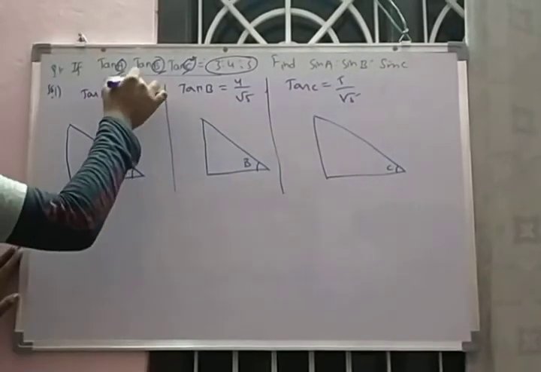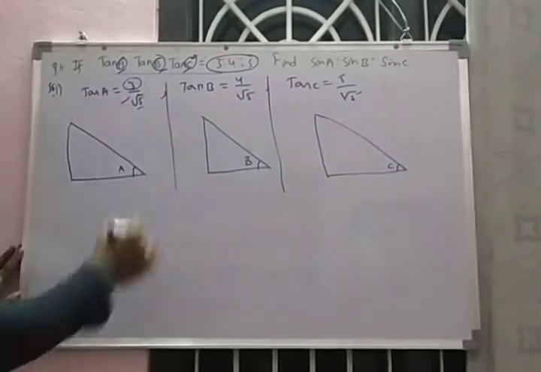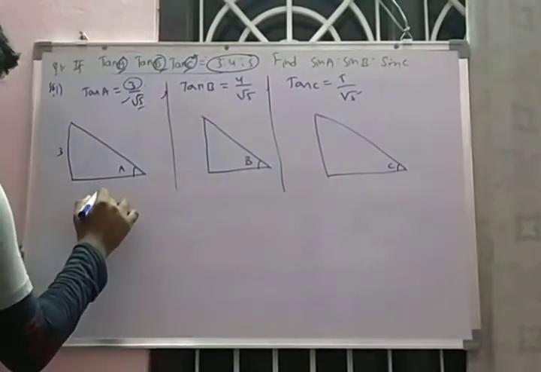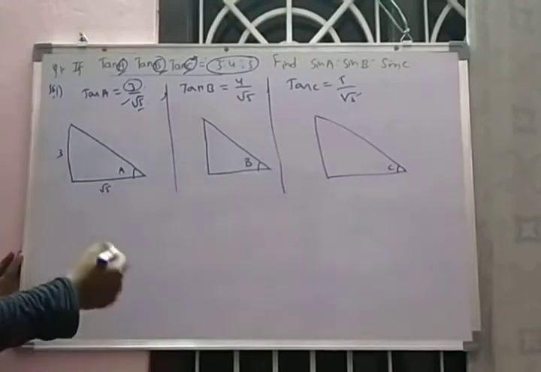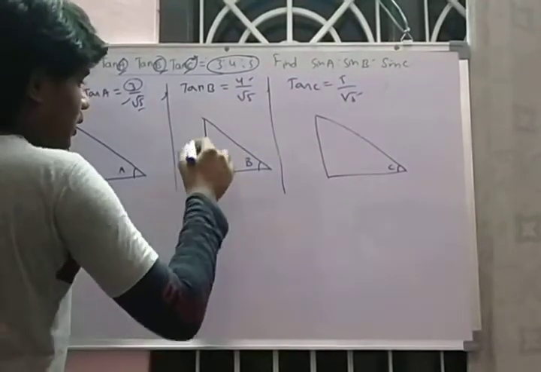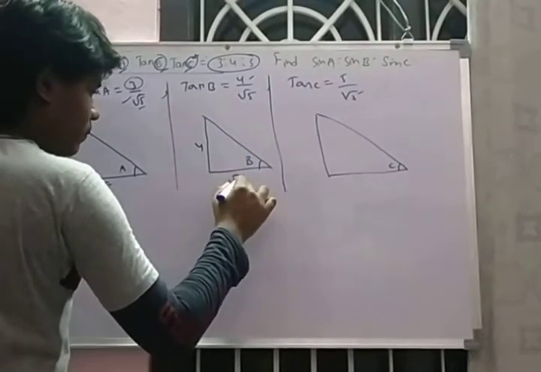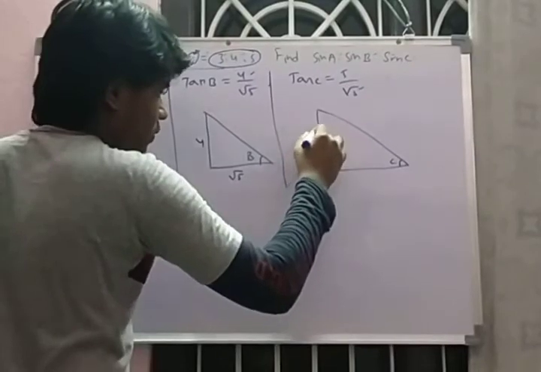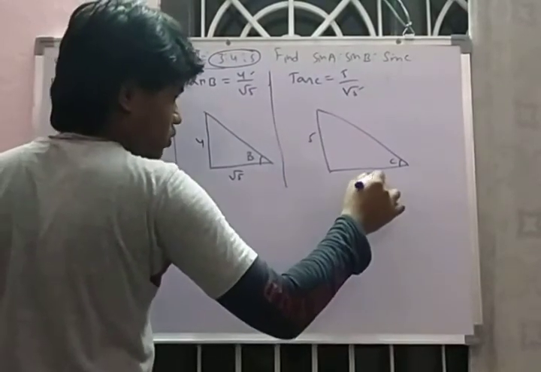Here 3 is the opposite side and root 5 is the adjacent side. So for A, opposite side is 3 and adjacent side is root 5. And here for tan B, opposite side is 4 and adjacent side is root 5. For tan C, opposite side is 5 and adjacent side is root 5.